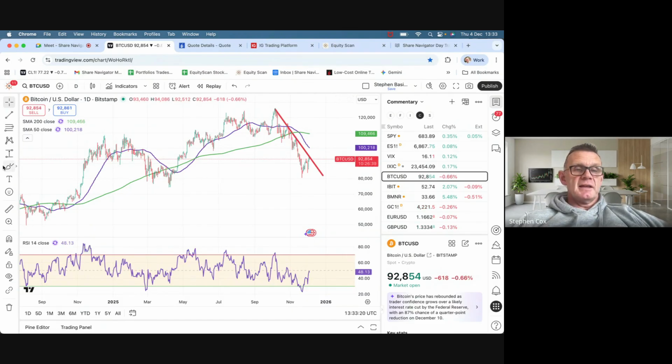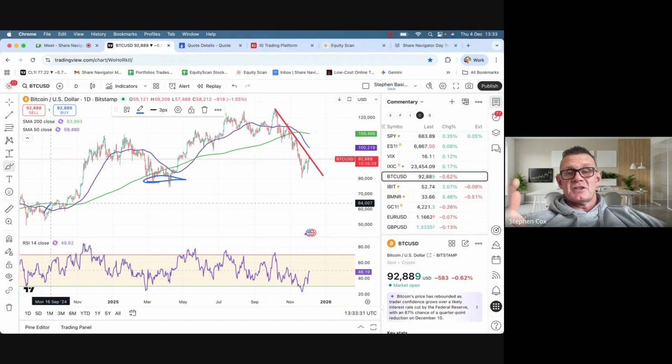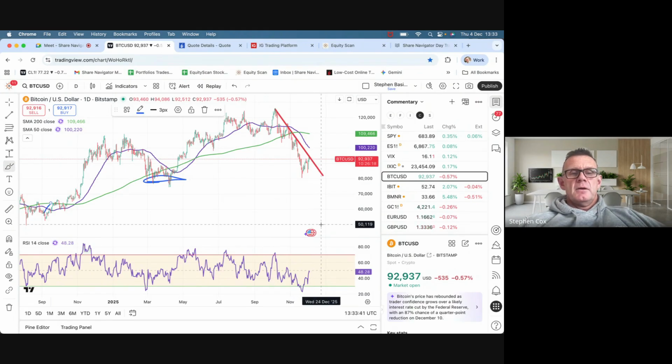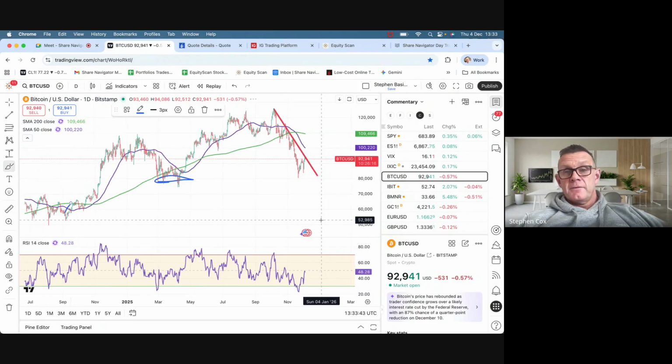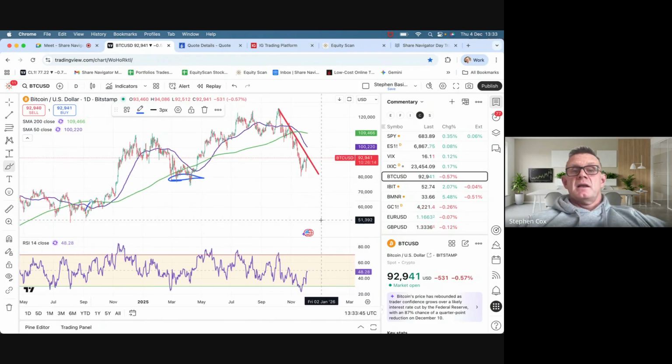The reason is, if this area doesn't hold, look at the drop. I'm talking about going into this area next. It doesn't look like a lot, but that's actually 20,000 less, nearly another 30% lower. So I'd put half of what I intend to put into it here and another half down there, and then I would just hold it for the long term and see.